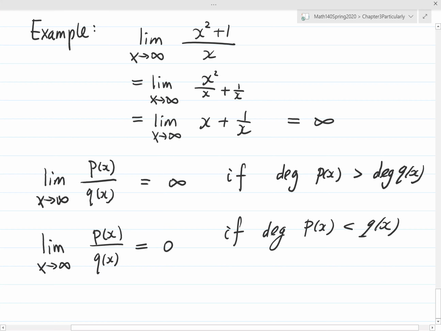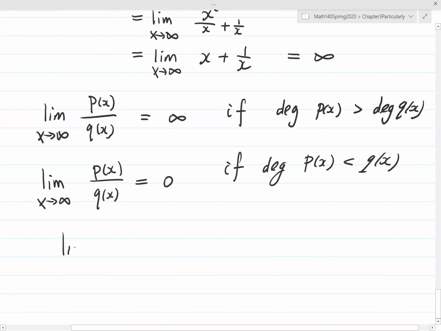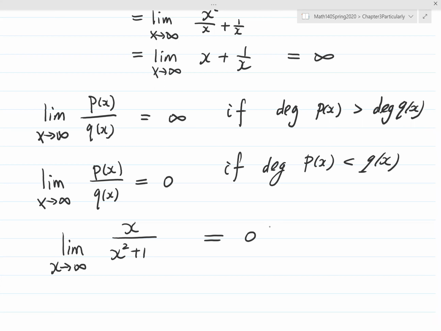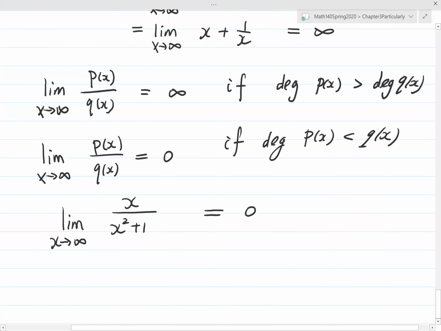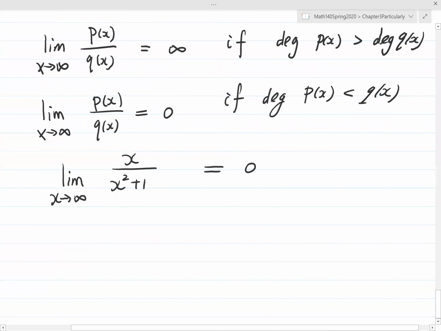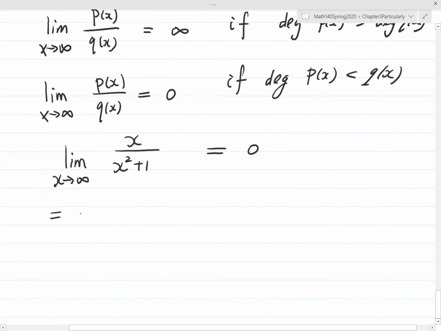For instance, the limit as x approaches infinity of x over x squared plus 1 will be 0, because the lower degree is dominated by the higher degree. If you do the algebra, divide every term by the highest power.